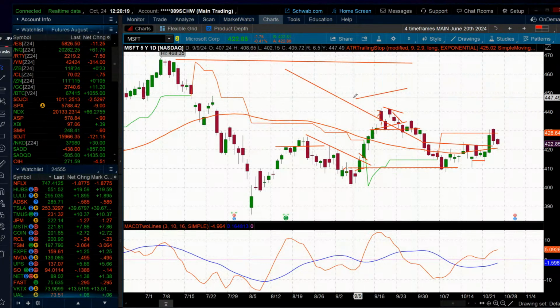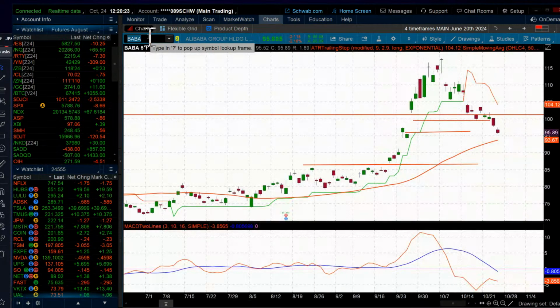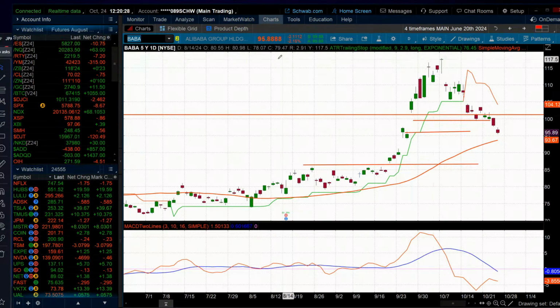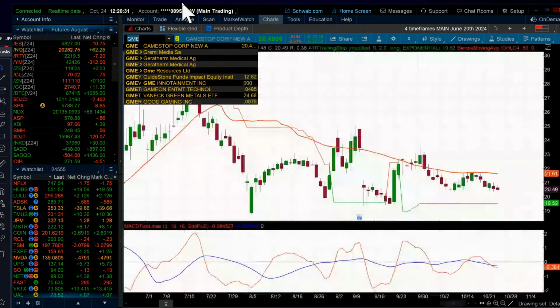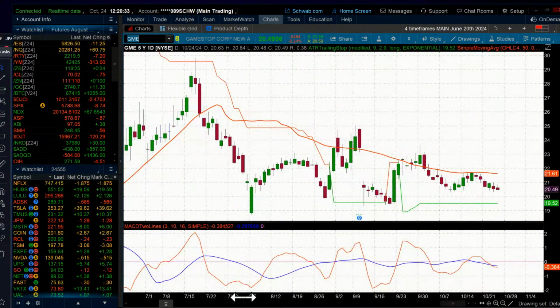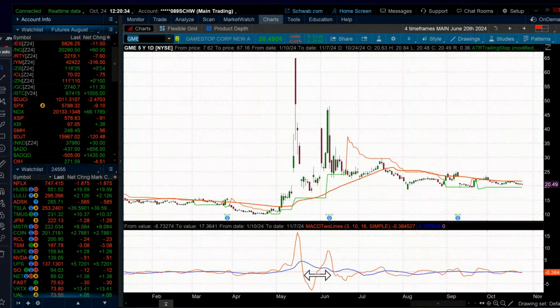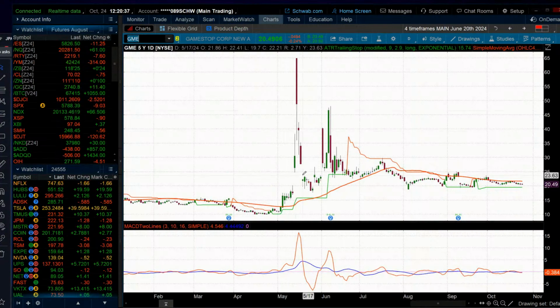That's the problem with Alibaba. When Alibaba and Baidu had that parabolic move, it takes time for it to work off the damage. Just like GameStop, I'll go and show you. Look how long it took it to work off this damage. So it stopped at support.